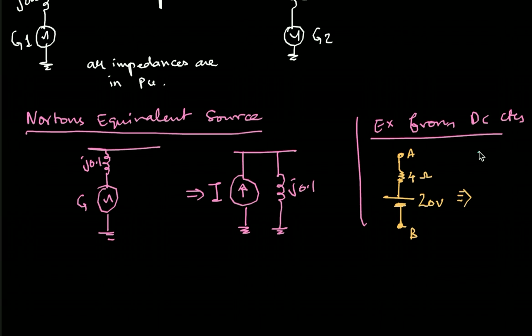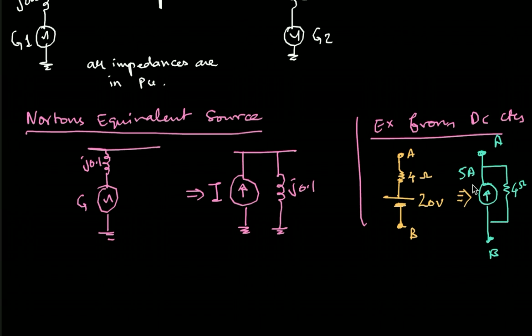So this point is still A and this point is still B. There is a current source and it is having a parallel resistance. So this is 4 ohms, and then this one is 20 by 4, so V by R. 20 by 4 is 5, so 5 amperes is the current.